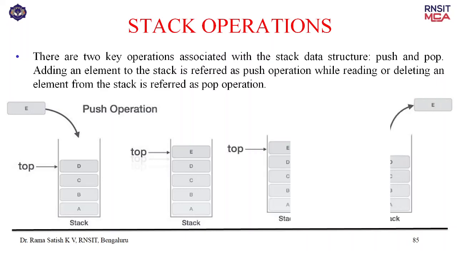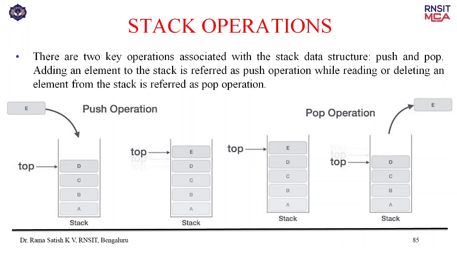Whenever you want to do a pop operation, in the same way, you have to remove that particular element, and of course you have to decrease the top. Earlier it was pointing there, now it has decreased. So element E is removed from the stack.